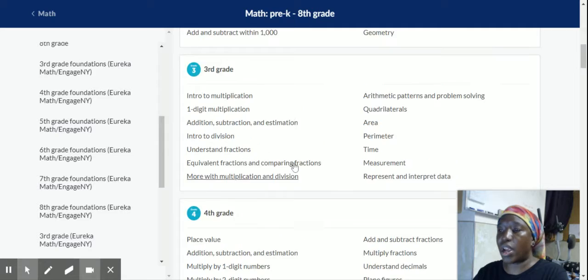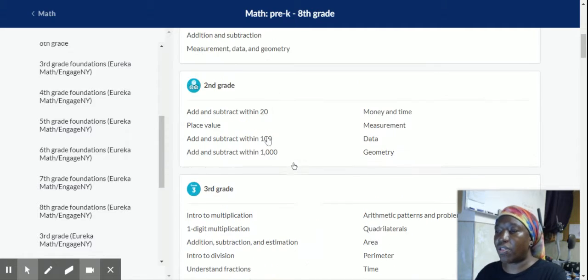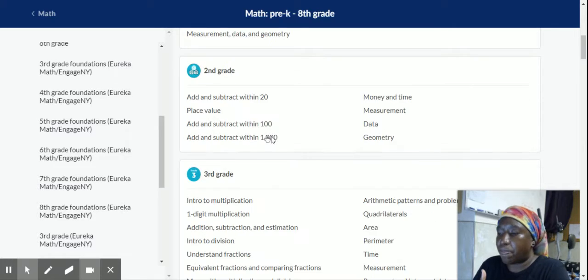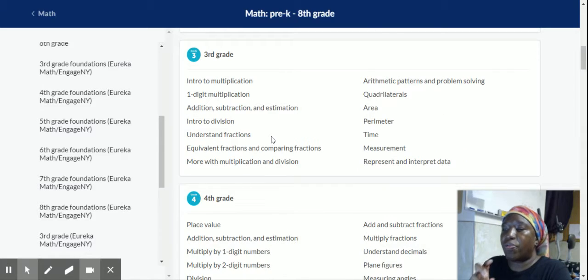This is third grade. So that means that this grade and this grade teaches you about multiplying. It introduces you to multiplication, okay? And what they do is, if you see right here, it said equivalent fractions and comparing fractions. So you're in the third grade doing what you normally do in the sixth grade. The only difference is that the numbers are bigger.